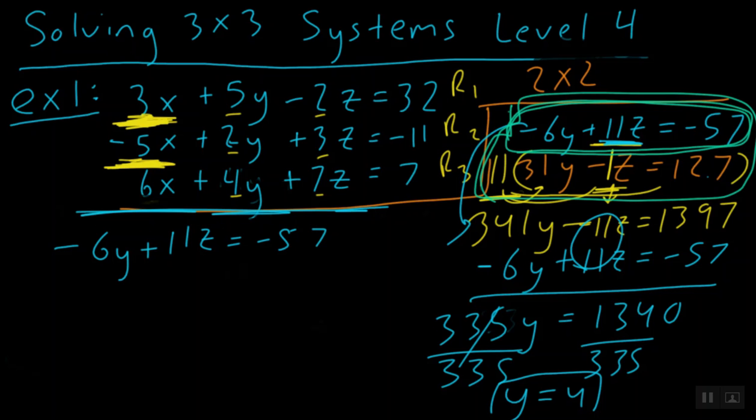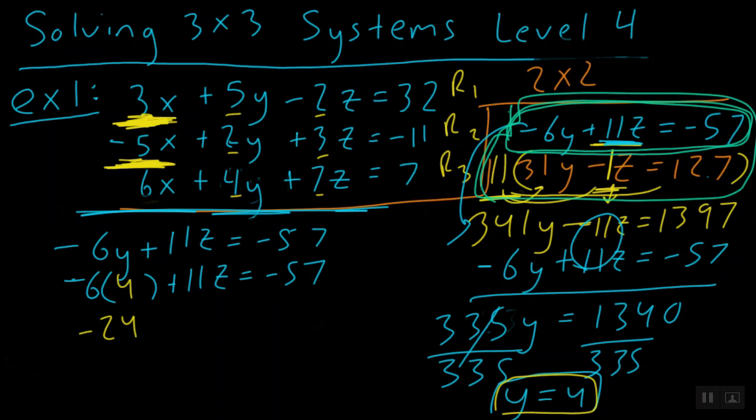We're using that 2x2 system. And then we're going to plug in our y value, so -6 times y plus 11z is equal to -57. And my y value is 4. So I plug in 4. And -6 times 4 is -24, okay? Plus 11z is equal to -57.